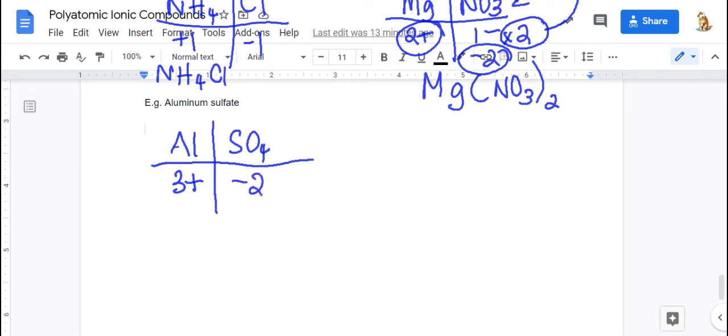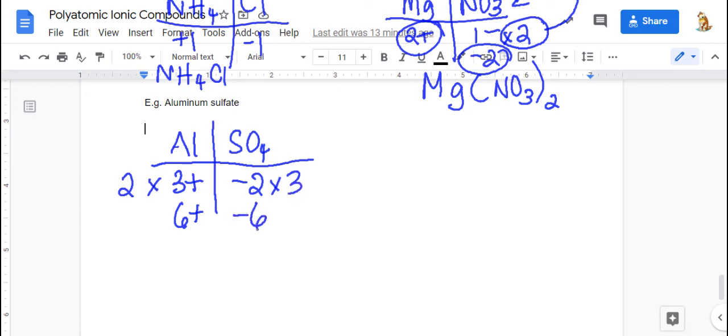I can't multiply either one by a whole number to get the other one, so I have to find a new number that they both go into. So this is where you multiply the two numbers. 3 and 2 makes 6. So if I multiply aluminum by 2, I get 6 plus. If I multiply sulfate, -2 by 3, I get -6.